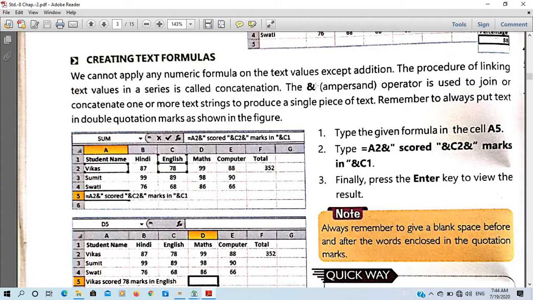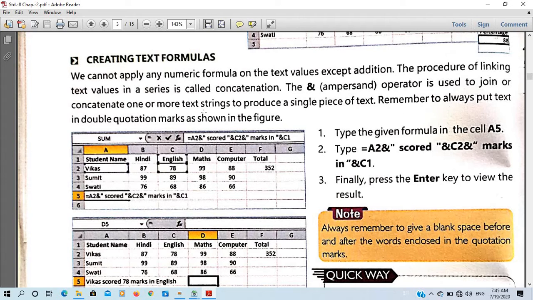This is an operator which does the operation of combining two words or two sentences together. It is used to join or concatenate one or more text strings to produce a single piece of string. So this operator, when used in Excel, joins two texts together.